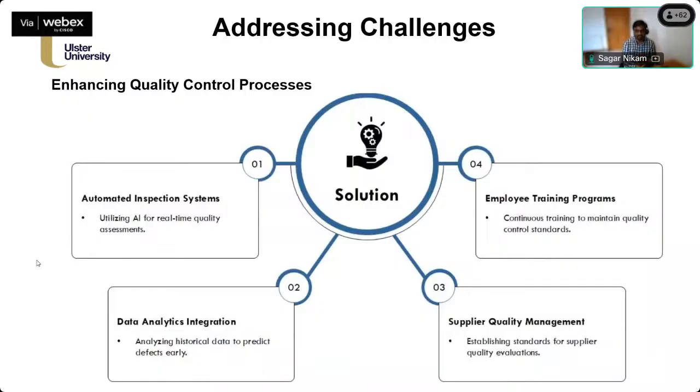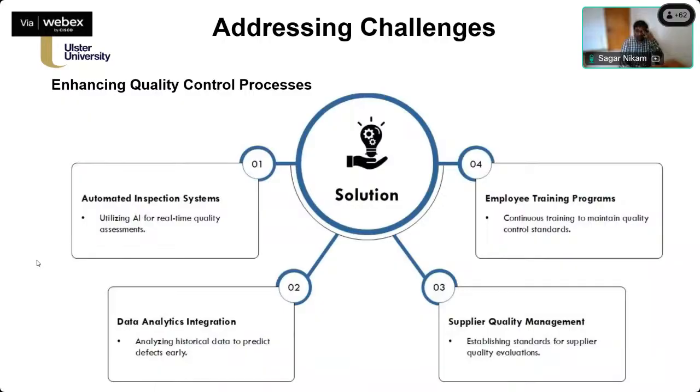They capture data for decades, but they don't know how powerful it is to help them make good predictive decisions for the future. Then there is supplier quality management, establishing standards between the suppliers, and the fourth one is skills, the employee training for the developed technology.